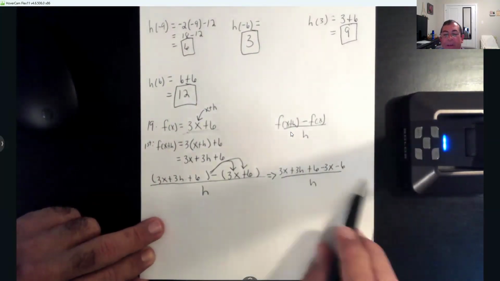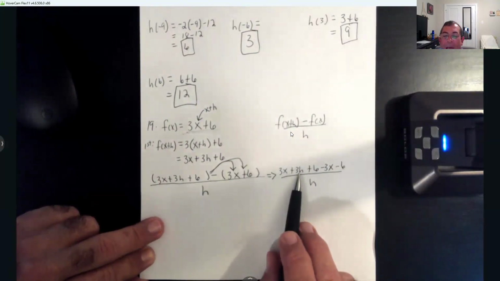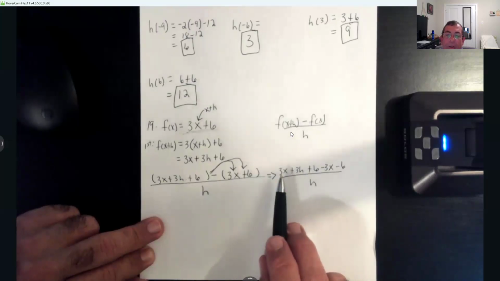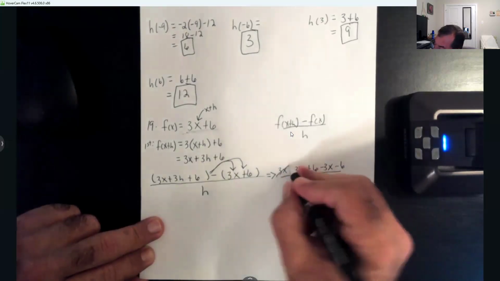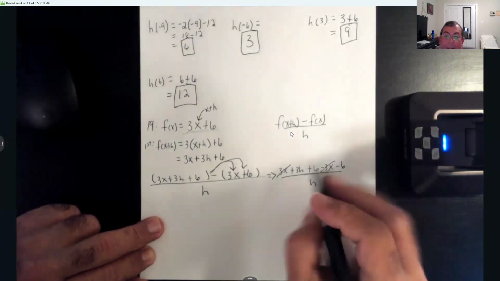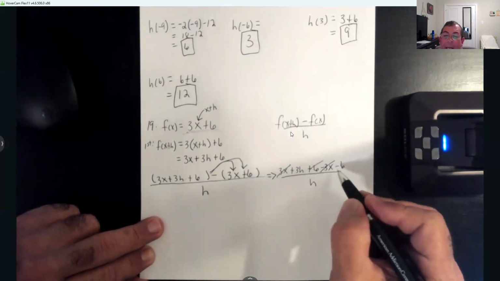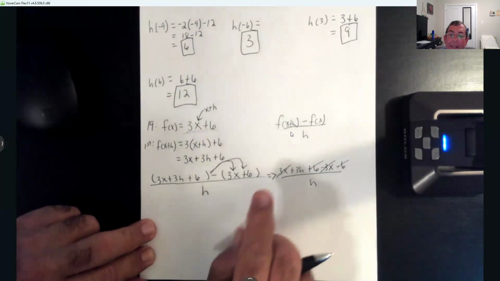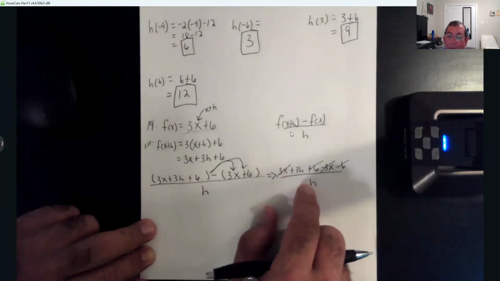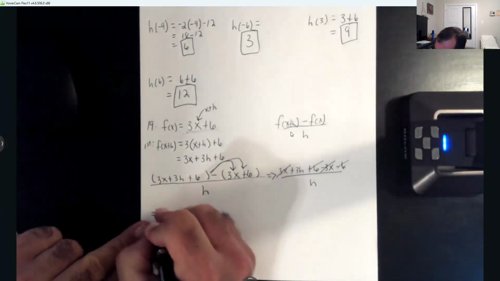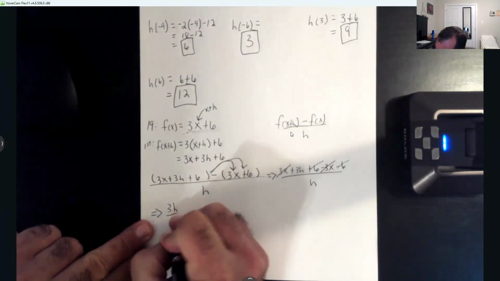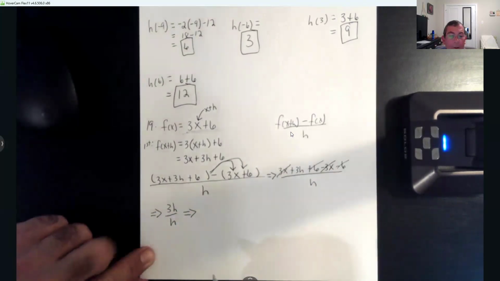But this is where stuff cancels. If it don't have an h, it's going to cancel. So the 3x cancels with a negative 3x. The 6 cancels with negative 6. So you're left with a 3h over h. Well, look at that.